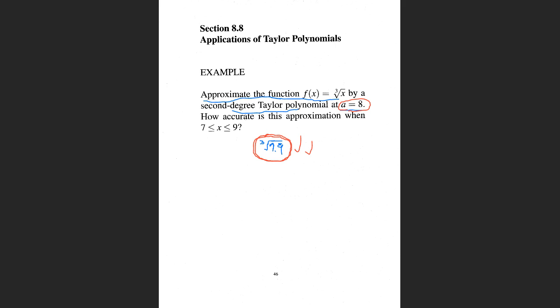That's right, Michael. But let's think about our function here. Our function is the cube root of x. Why is a equals 8 a nice value to expand our Taylor polynomial around?